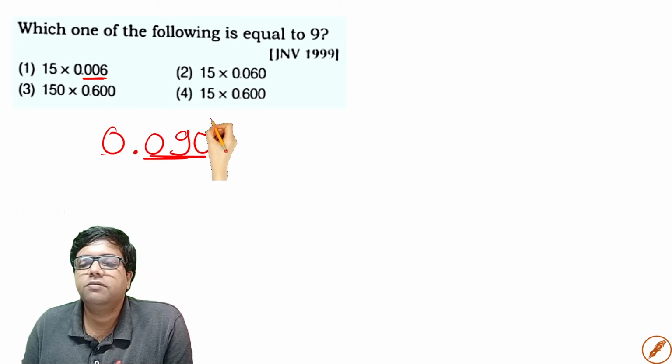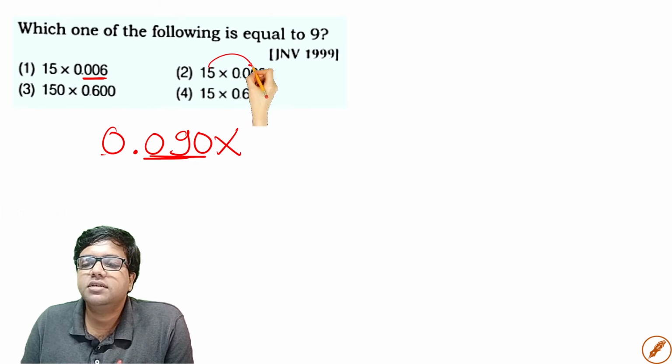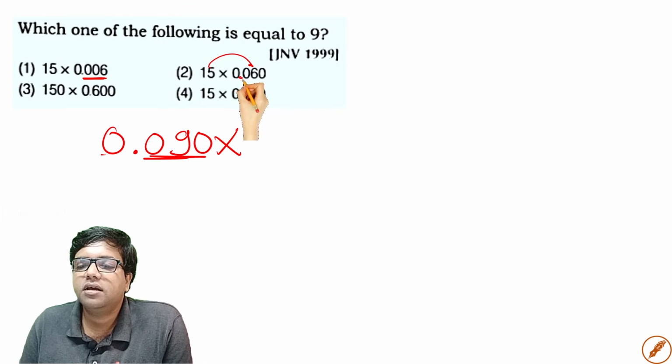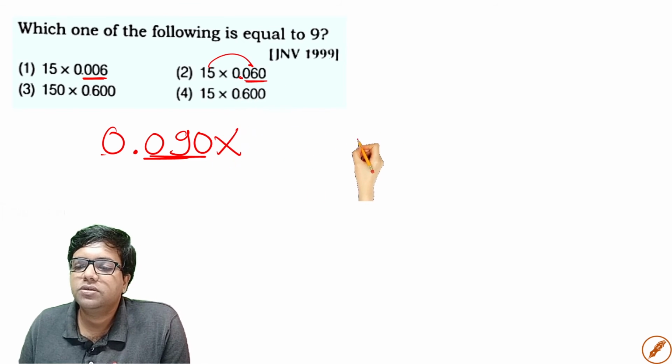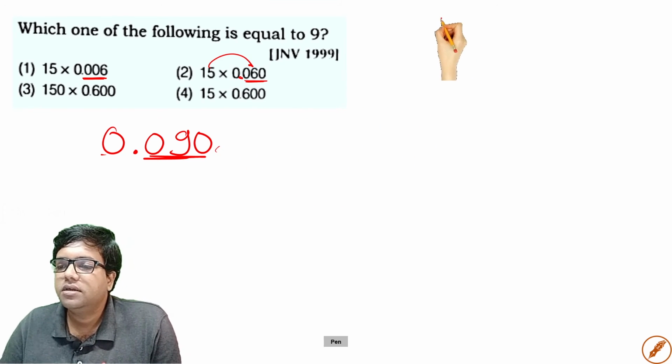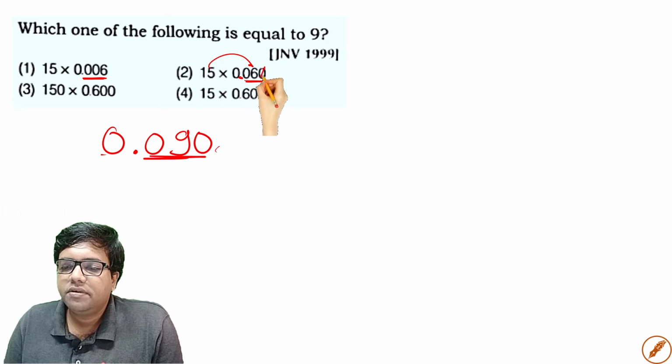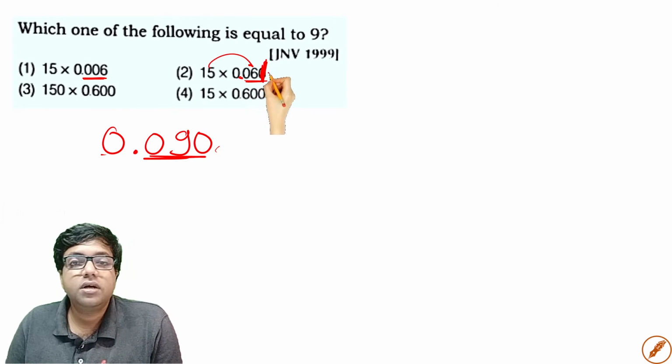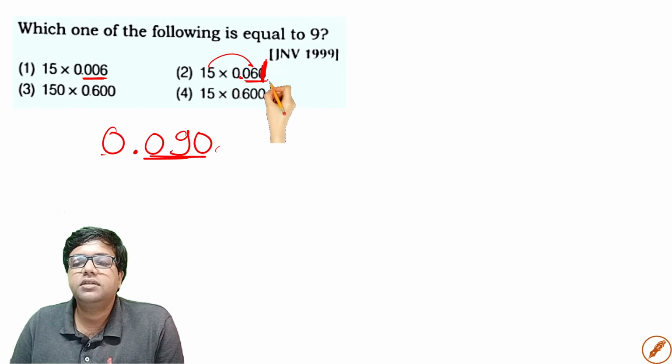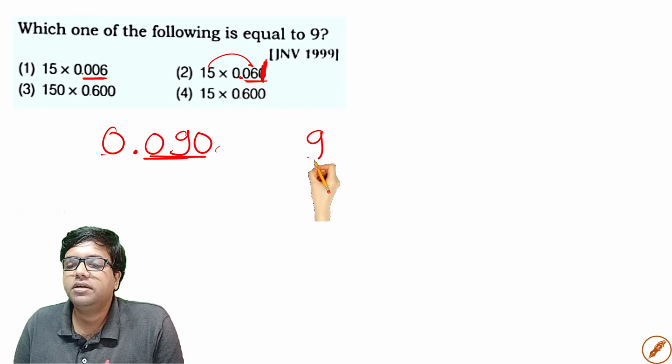So this won't be equal to 9, right? 15 6s is 90. There are 3 digits after the decimal point, right? So here it will be equivalent to what? The 0 at the end won't count here. We won't count the end 0. So there are 2 digits after the decimal point. So 15 6s will give you 90 again.